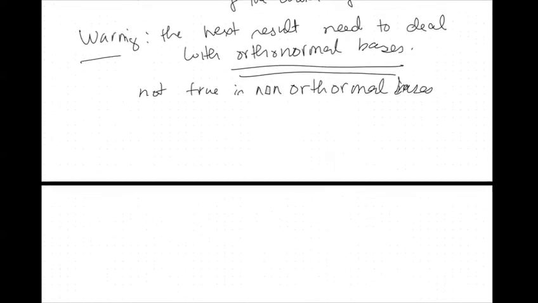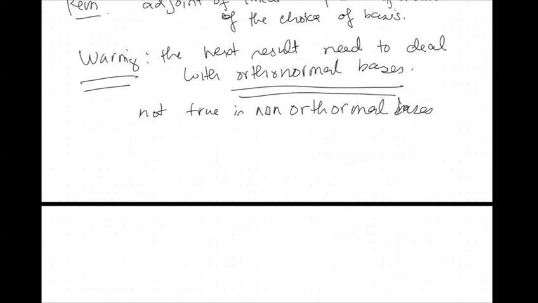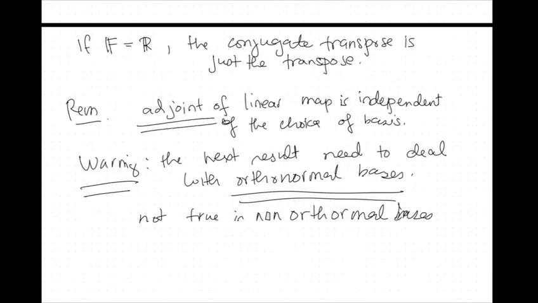This is to emphasize the non-independence of choice of basis for an adjoint of a linear map. But when we speak of a matrix, the choice of basis should be orthonormal. Okay, let us quickly write or explain the theorem. The proof here, I will be leaving for you.